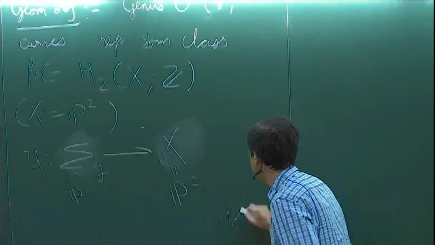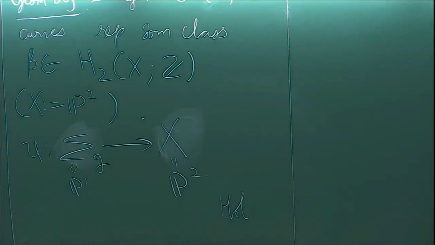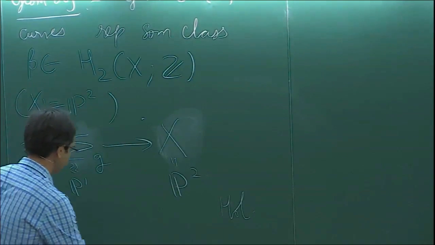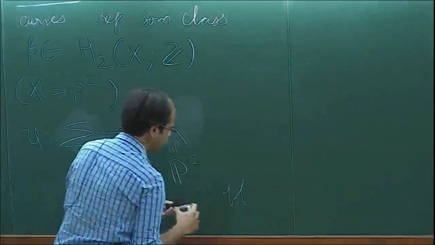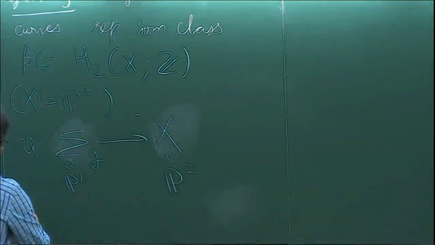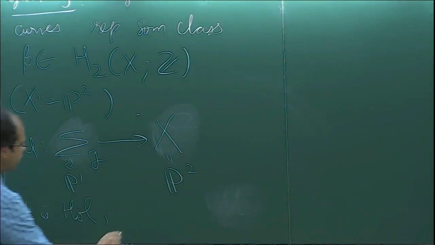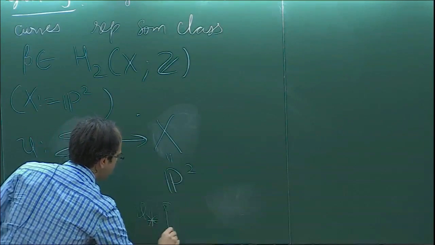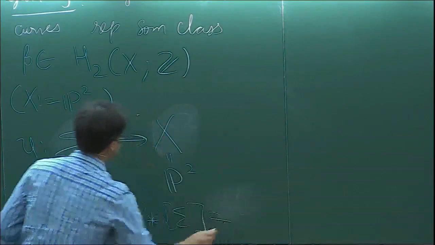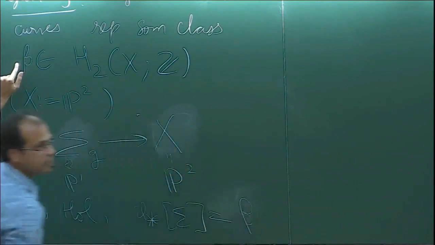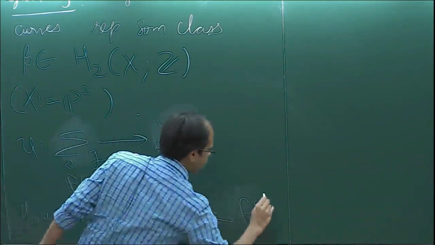So this map has to be holomorphic, and I'm fixing the degree of this map. So u is holomorphic and u is degree D. What does that mean? That the push forward of the homology class is D times the homology class of a line, or more generally it is some beta in H2.